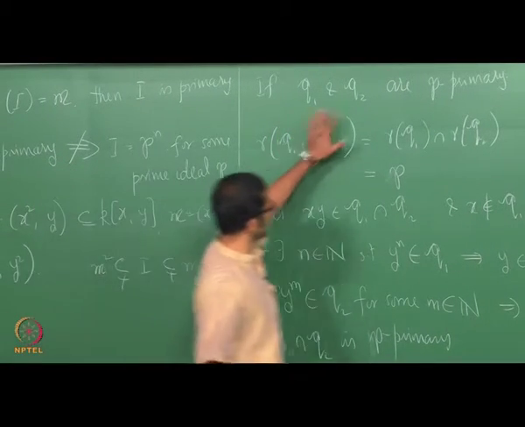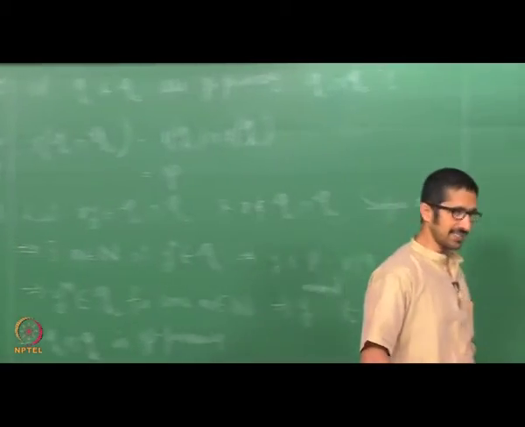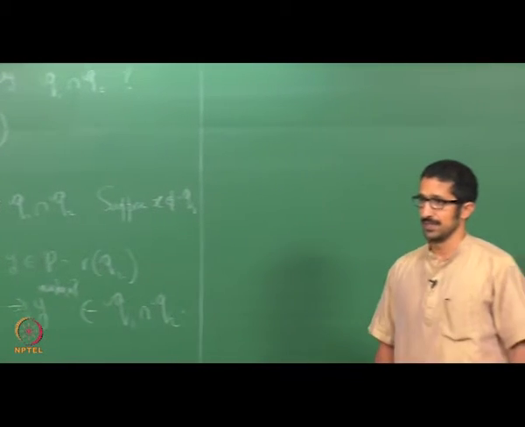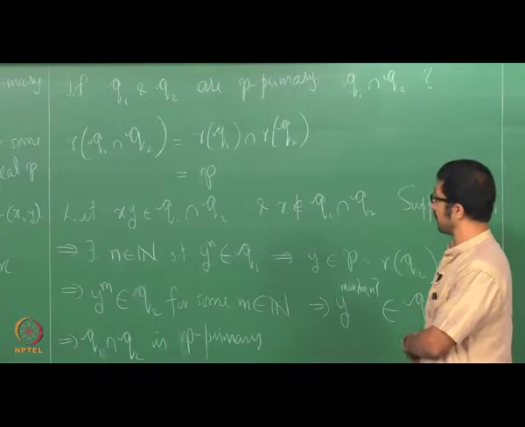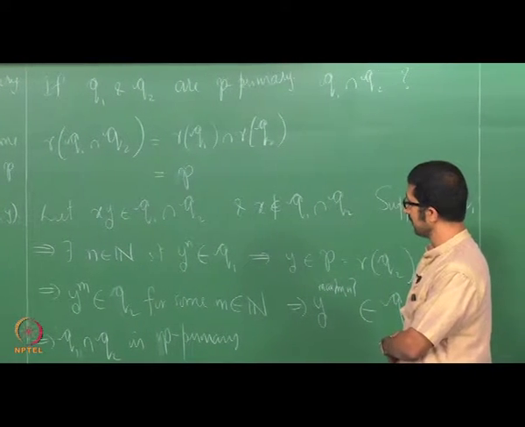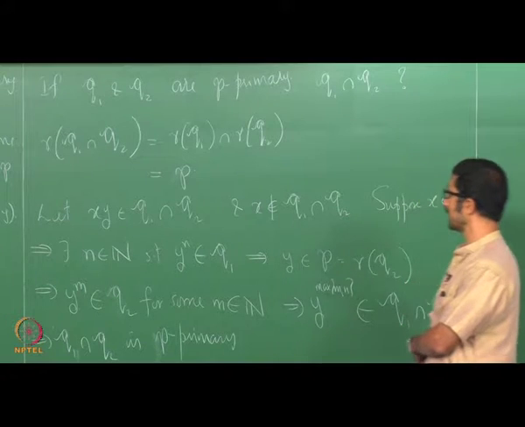So if I take two p primary ideals and intersect them, we still get a p primary ideal.